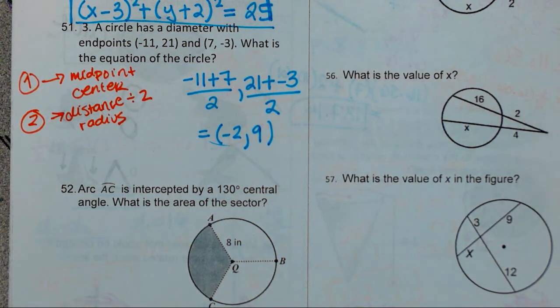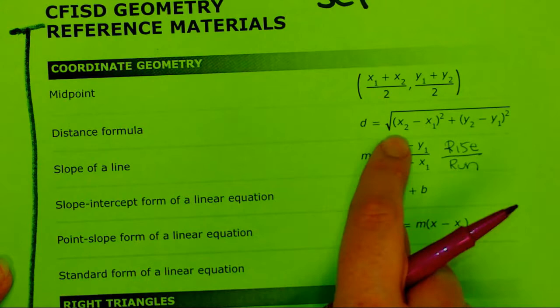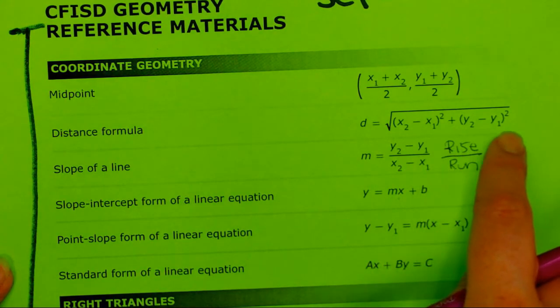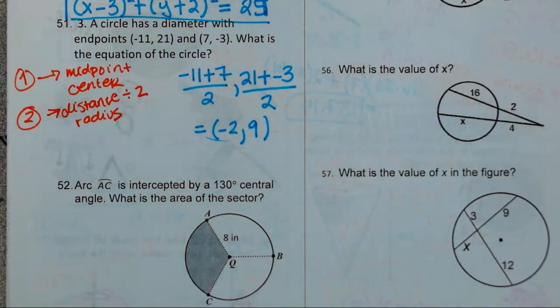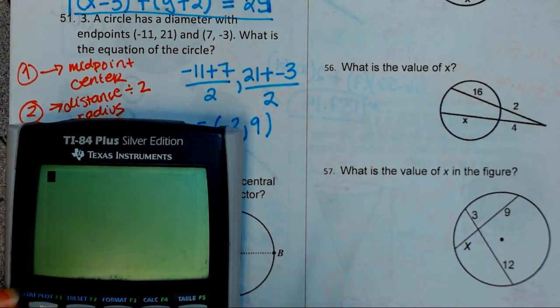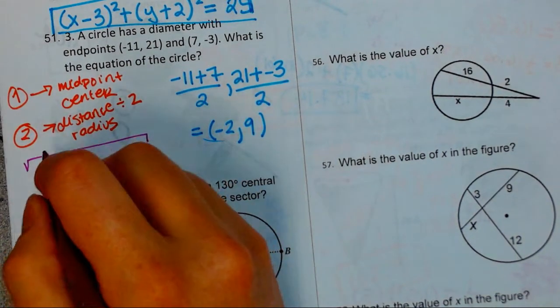Next, the distance formula, and this formula is on your chart. So it says distance equals the square root of (x2 - x1)^2 + (y2 - y1)^2. Okay, so plugging things in, I like to write it out first.